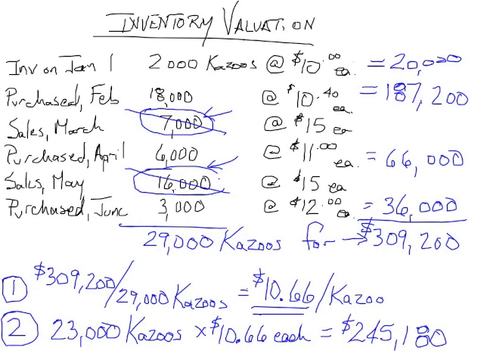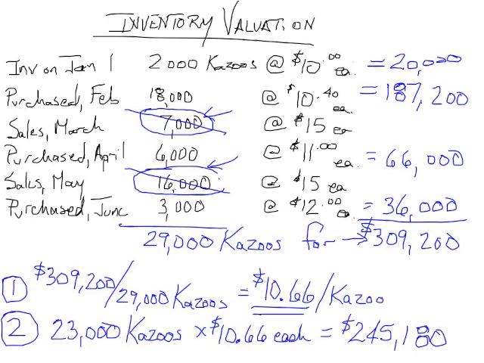I don't know if any of you wrote down the numbers from this example using LIFO or FIFO, but you're going to find that this number is always right in between the LIFO number and the FIFO number for cost of goods sold.